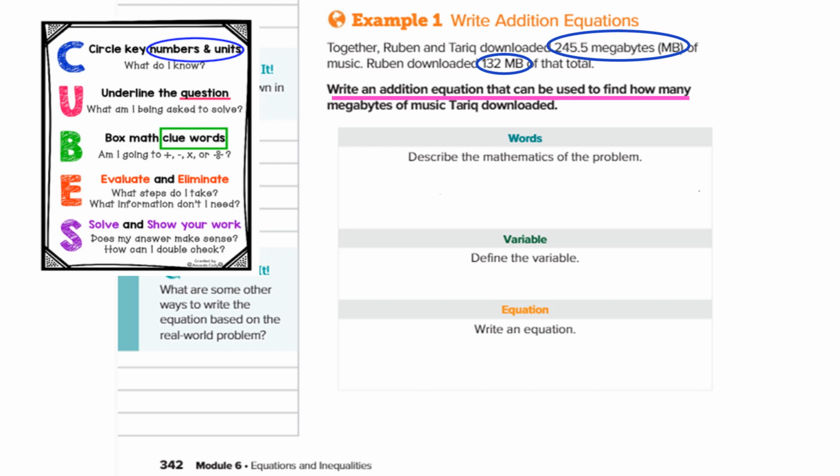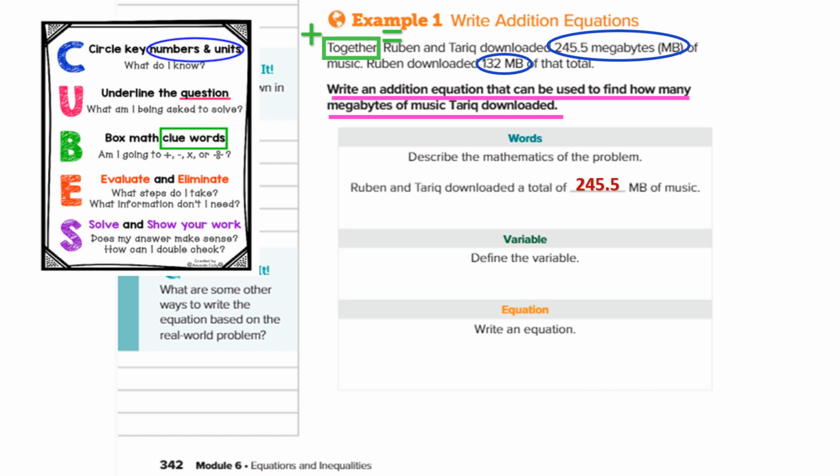So I have to write an addition equation. Once again, equations, math problems with answers. We're doing algebra, so I need a variable. So I have to figure out what my variable is equal to. Together means what? Well, mathematically, together means addition. So I know that whatever they are added together is going to equal the total of 245.5 megabytes.